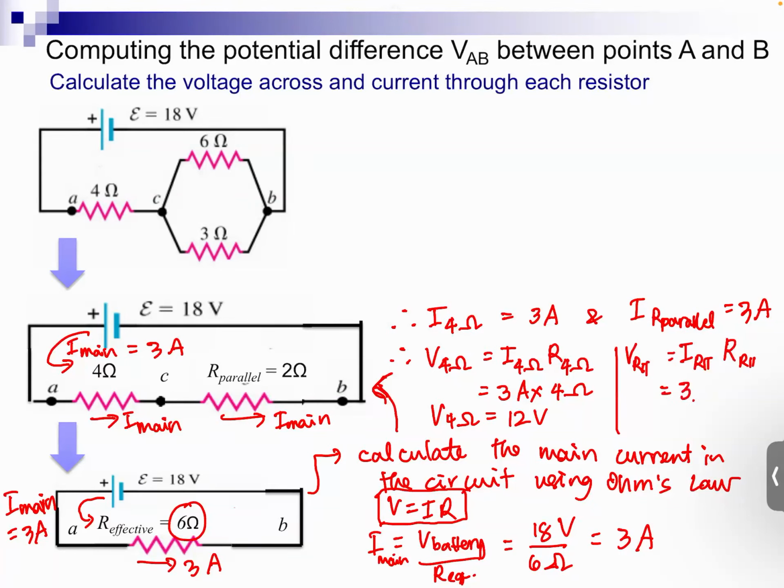The current is 3 amps, times the resistance of 4 ohms, so the voltage is 12 volts. You also do the same thing for the R parallel resistor. The voltage across R parallel is equal to the current through it times its resistance: 3 amps times 2 ohms, so that's a voltage of 6 volts.